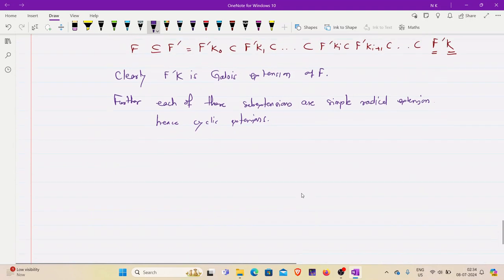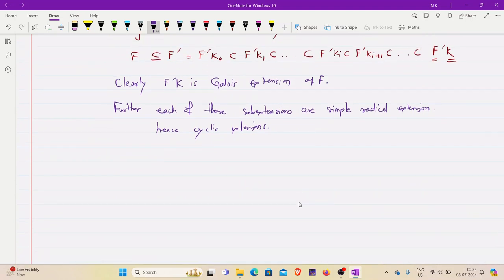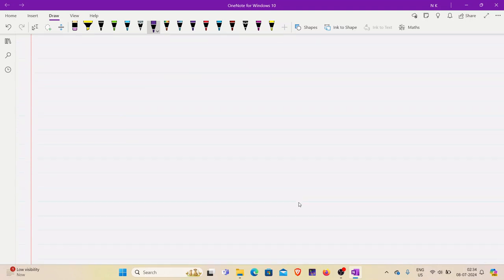Okay, so with this we'll stop this lecture, but in the next video we are going to talk about a very interesting and very important theorem: under what condition can we say that a polynomial is soluble by radicals? What should be the condition for a polynomial to be solvable by radicals?